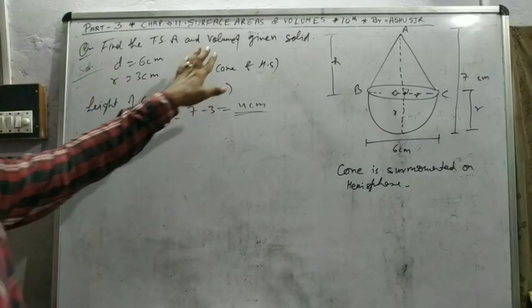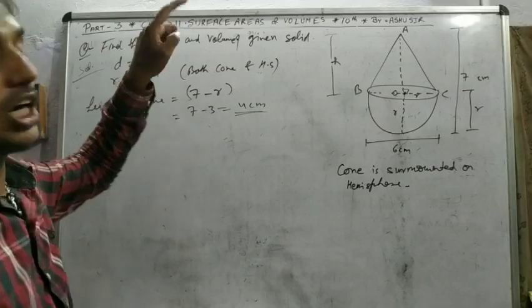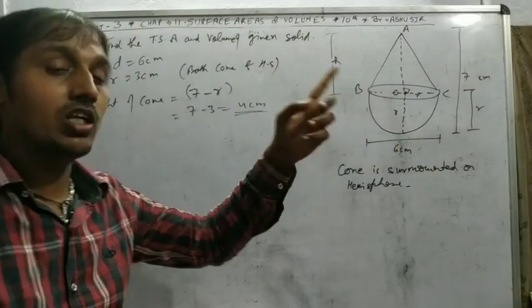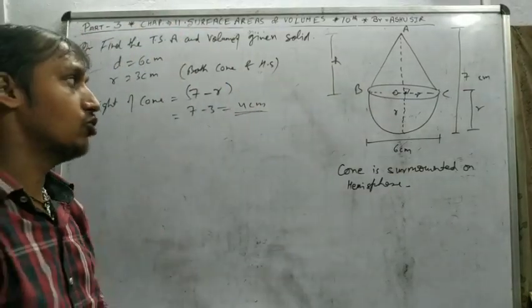So we can find the volume. But if you want to find the total surface area of the figure, we have to find the value of slant height.